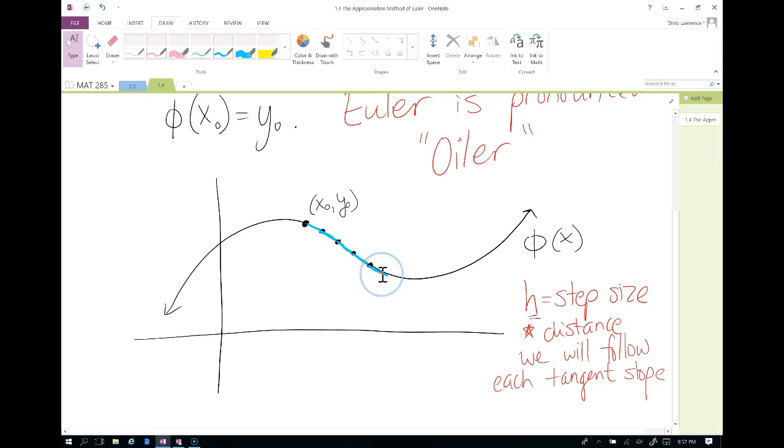Now, as long as we keep this step size pretty small, these intermediate points that we're stopping at should still be really, really close to our phi of x. They might not be exact values on the solution function, but they should be really, really close. So we want to keep this very small.